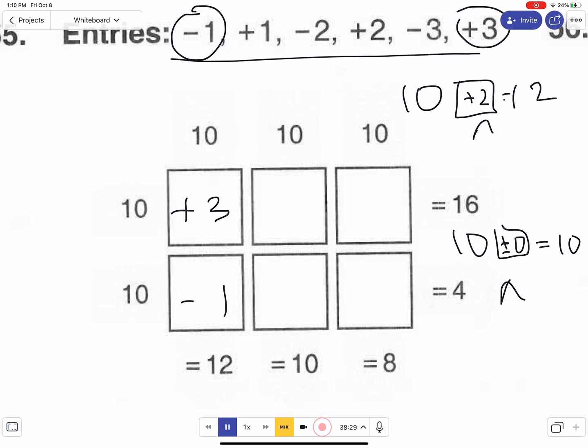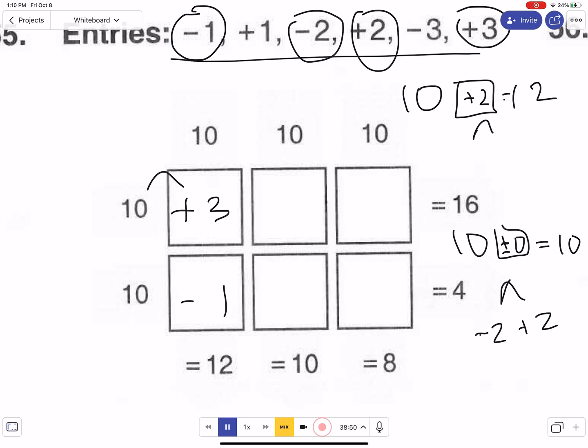So which 2 numbers up there equal 0? If you said plus 2 and minus 2, you're correct. Now, we don't necessarily know where to put them, do we?